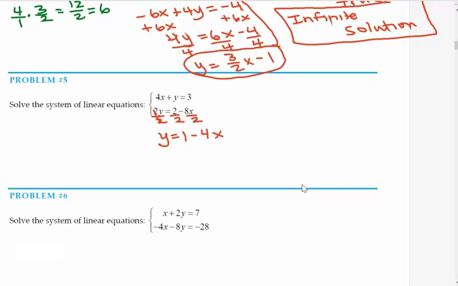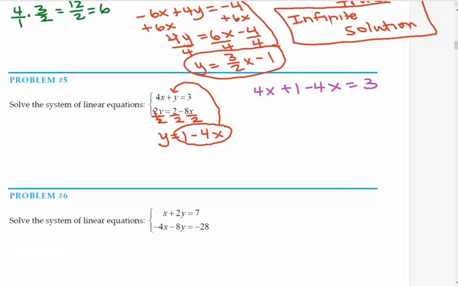So now y is by itself, so I can take all of this and put it in place of y in that first equation. So let's do that. If we have 4x and then plus this 1 minus 4x equals 3.